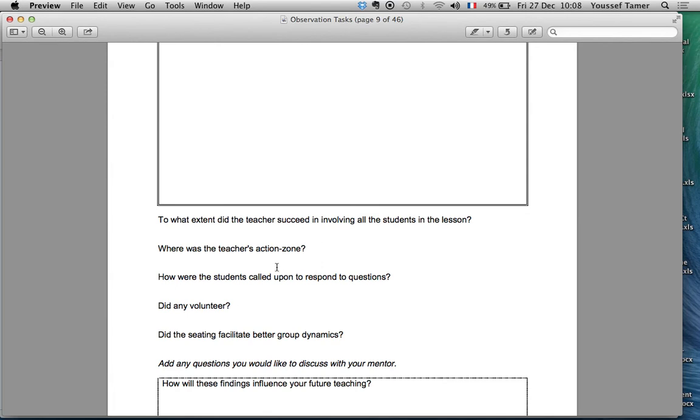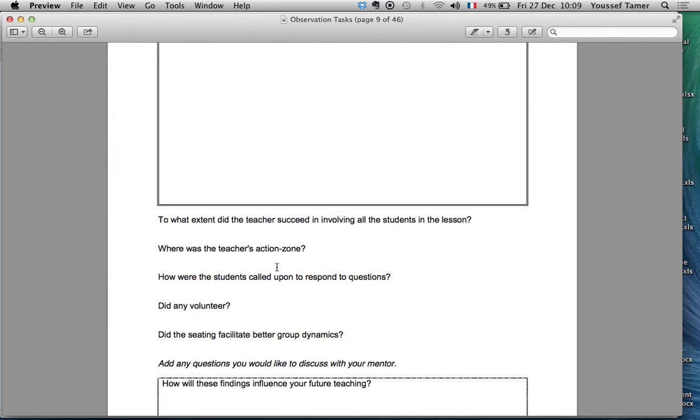Where was the teacher's action zone? Describe that. Was it in the middle, or here, or spread out? How were the students called upon to respond to questions? How does the teacher manage to ask for answers?